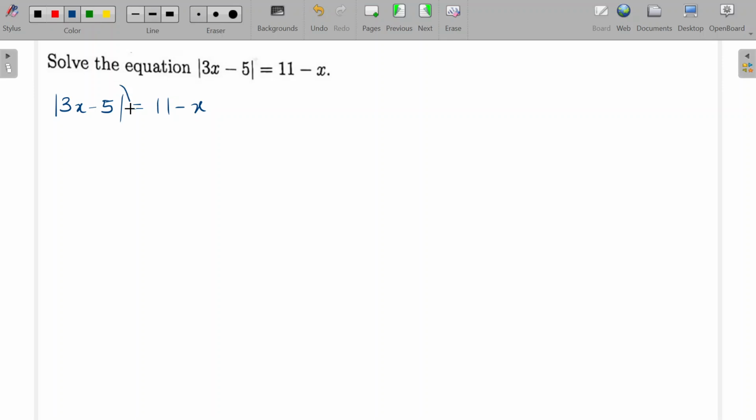You're going to square both sides. When you square both sides, you're going to remove the modulus.